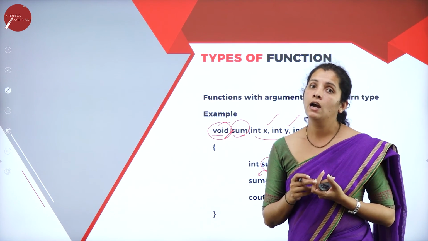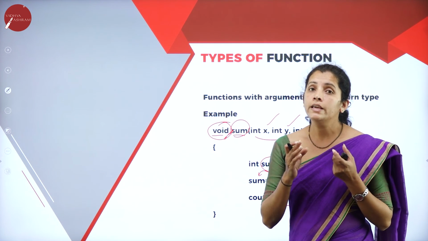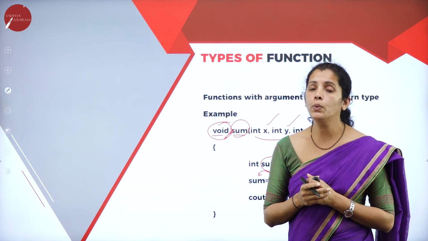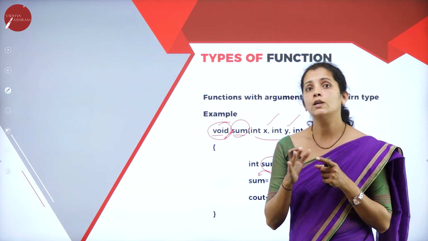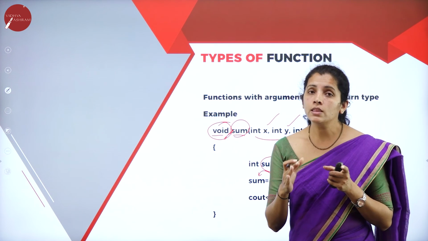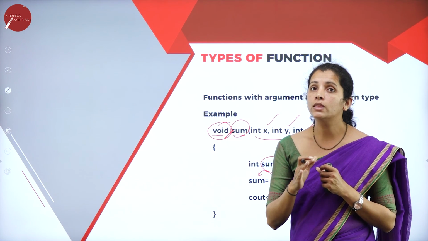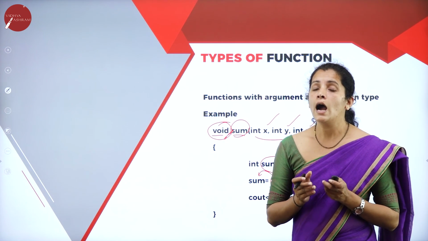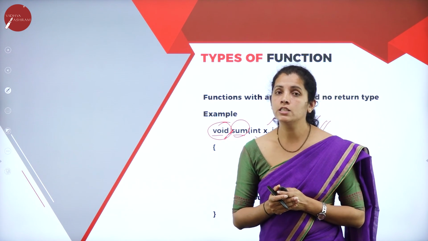Along with that, I have covered the different types of functions. In that, a function with arguments and no return type, and another one, a function without argument and without return type. These are the two types of functions I have covered in today's session.